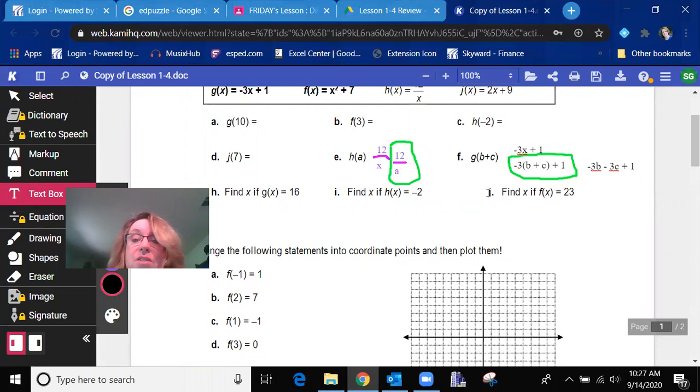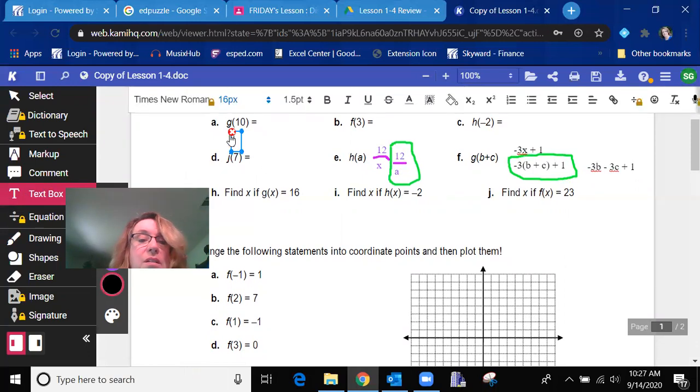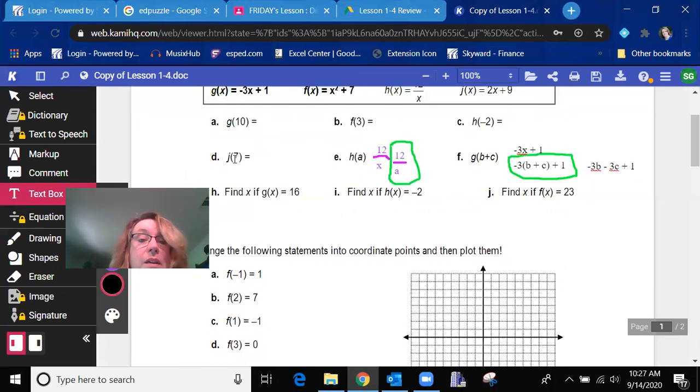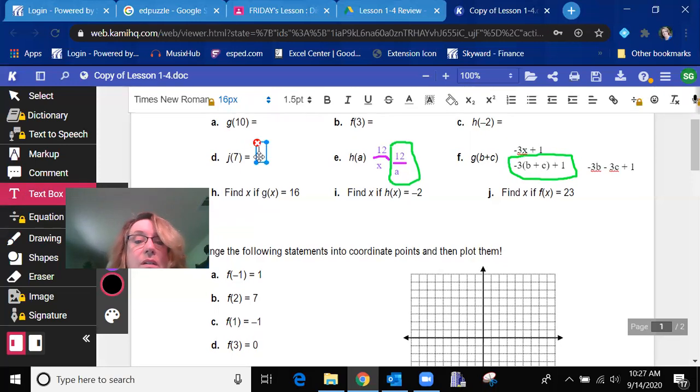Now these three are different. So on this one, what's the x on D? 7. 7, that's the x. The x is the one inside the parentheses, and we want the number you get out. This one's 2x plus 9.